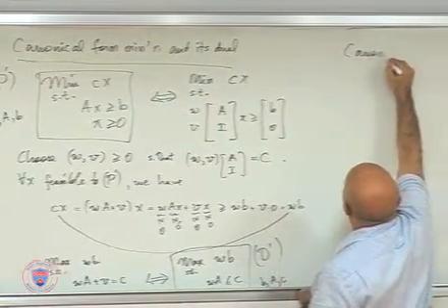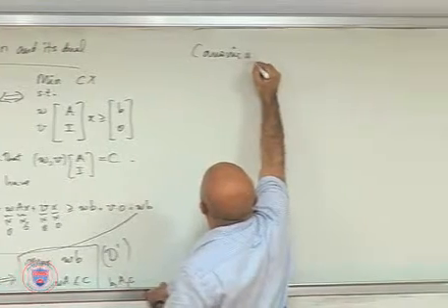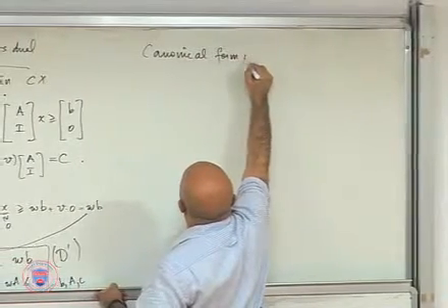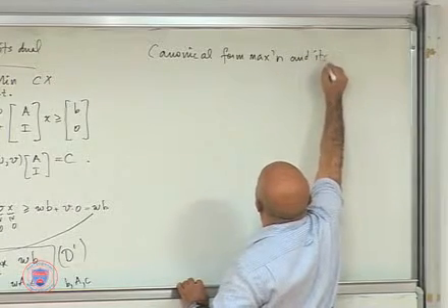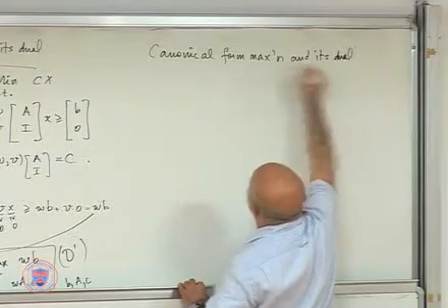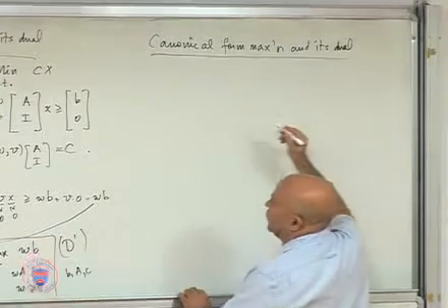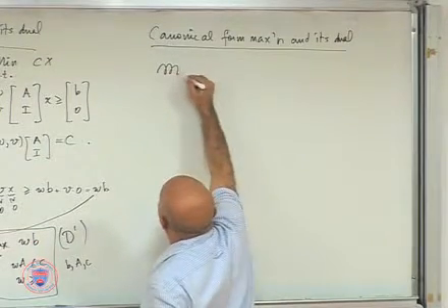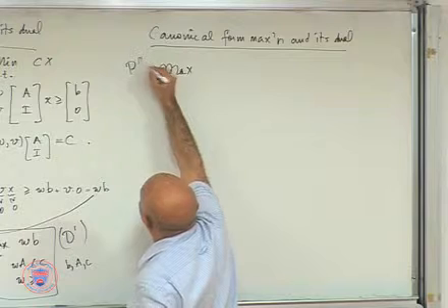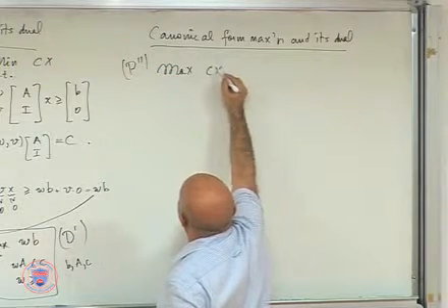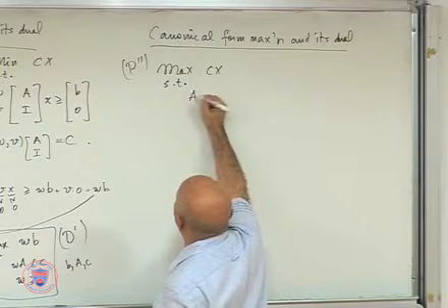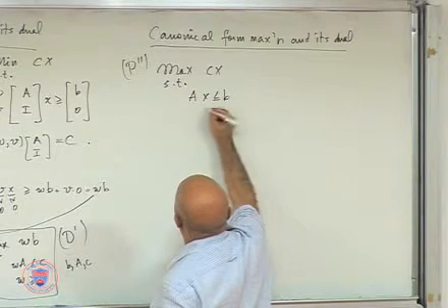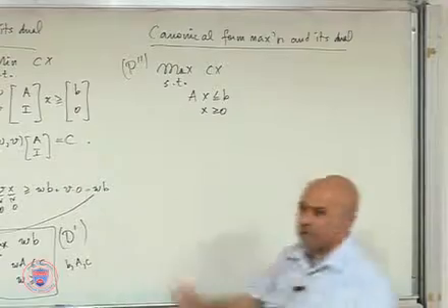For canonical form maximization, you can argue in a similar way. The problem in that case is, say, maximize CX subject to AX less than or equal to B with X greater than or equal to 0.